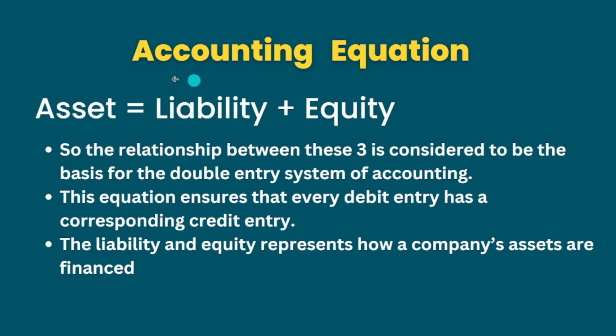So the relationship between these three is considered to be the basis of the double entry system of accounting. This equation ensures that every debit entry has a corresponding credit entry, and this is what we call the duality concept.